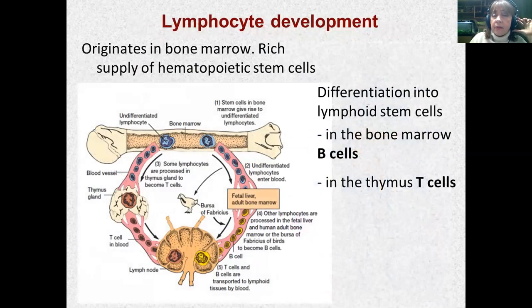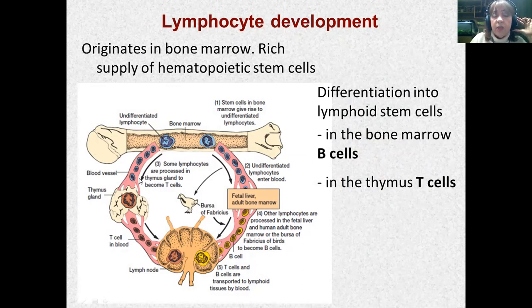The central cell of immune system is a lymphocyte. Lymphocytes originate from bone marrow like all other blood cells, originate from stem cells, and then the development of lymphocytes may be in two different ways. Some of them undergo the first step of their maturation in bone marrow, and these cells are named B cells.